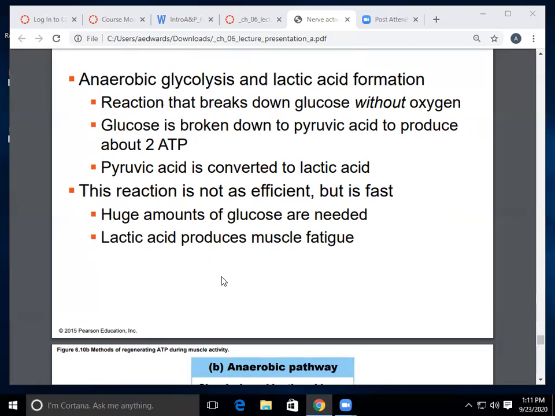And that pyruvic acid, then you can take that and make lactic acid. Okay, it's fast but inefficient in the sense that you don't get a lot of ATP. So you need lots of glucose to get the ATP you need for this process. But the problem is you get lactic acid. And what does lactic acid do? Makes your muscles hurt, right? Makes your muscles tired.